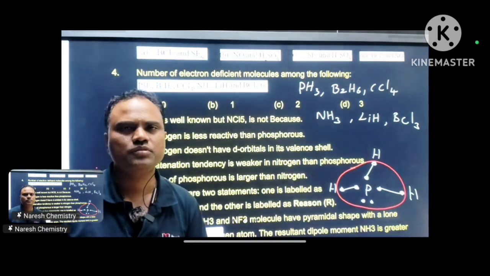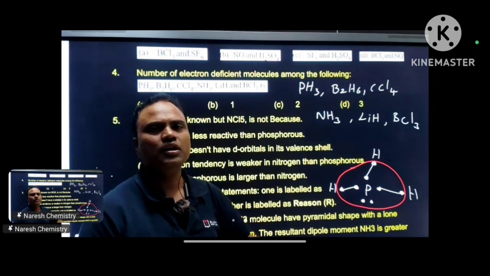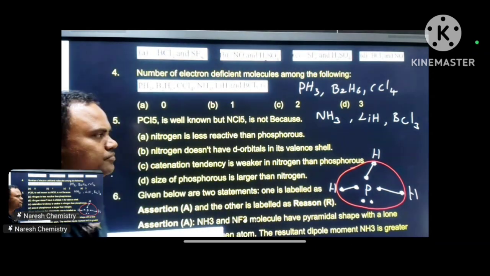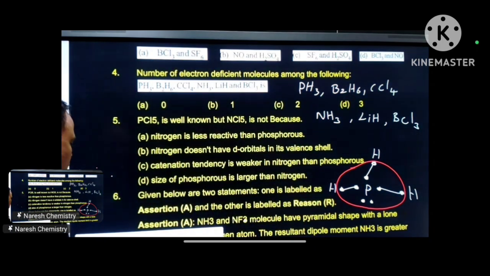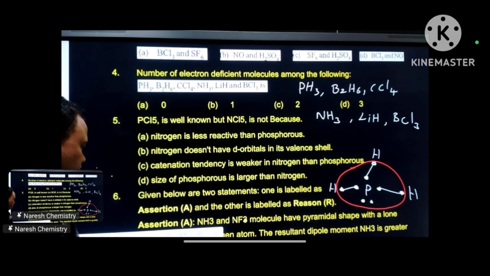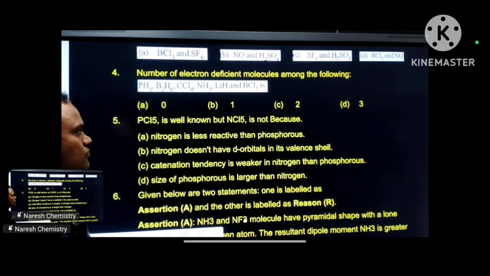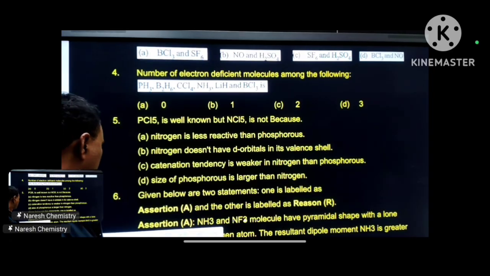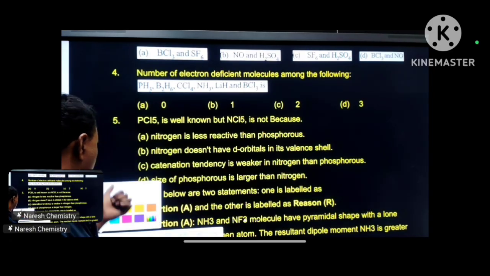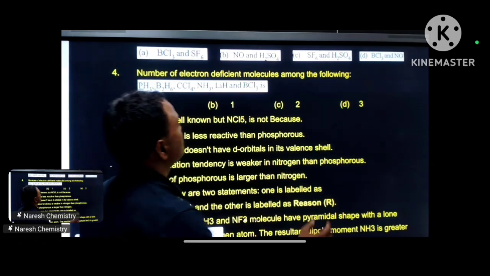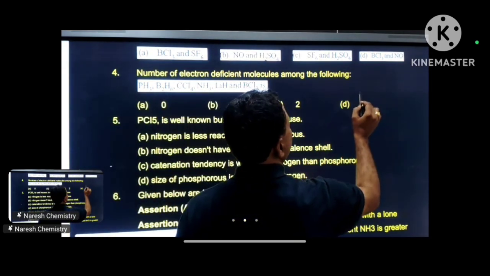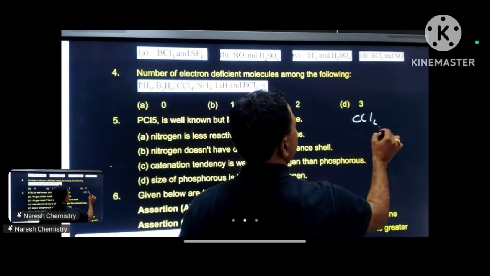Next, CCl4. Can you draw like this and check? Same method.